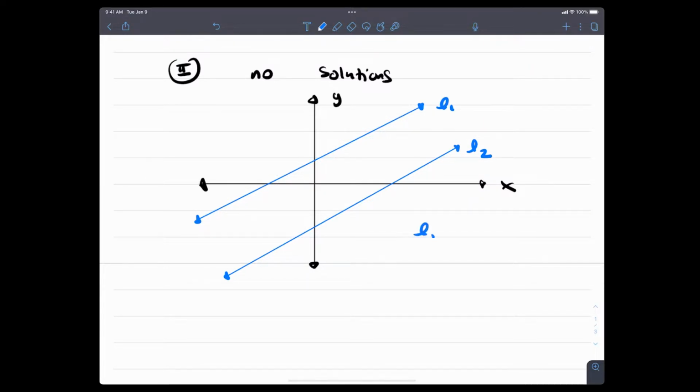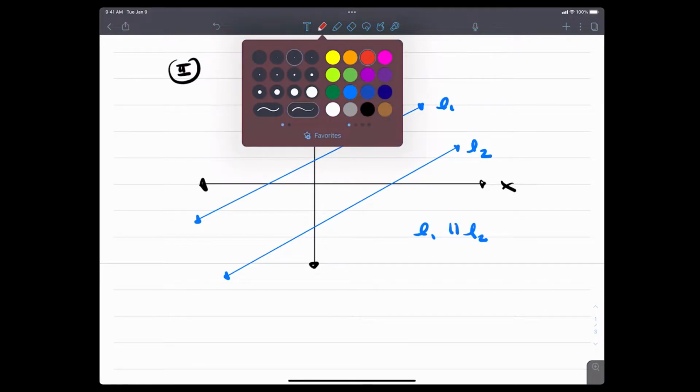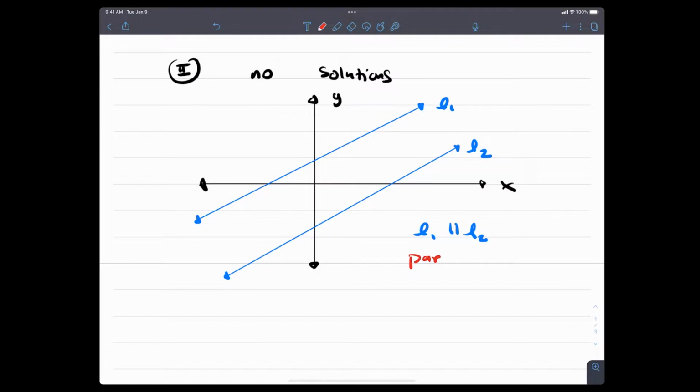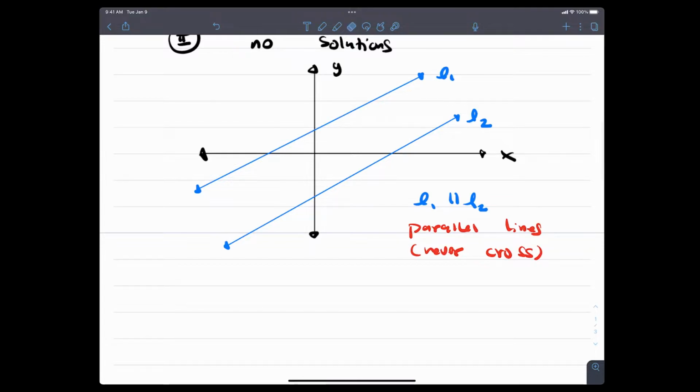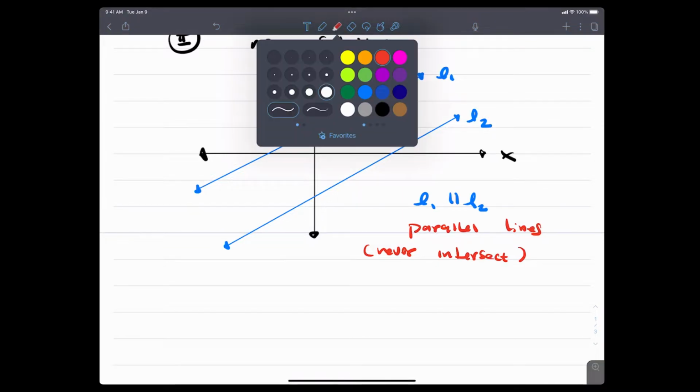Parallel, outstanding. So you have parallel lines. When you have parallel lines, this is what it meant. What does that mean if they're parallel? They never cross.